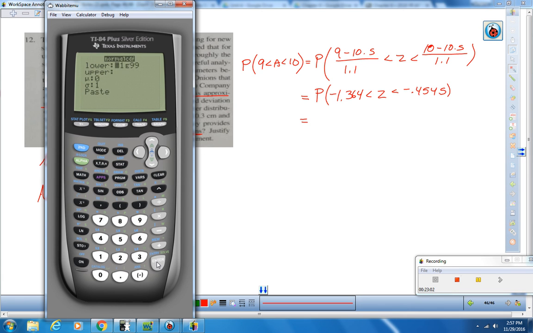My lower boundary is negative 1.364. My upper boundary is negative 0.4545. Mean, standard deviation, put it all together. I get about 0.238, let's just say 0.2385.